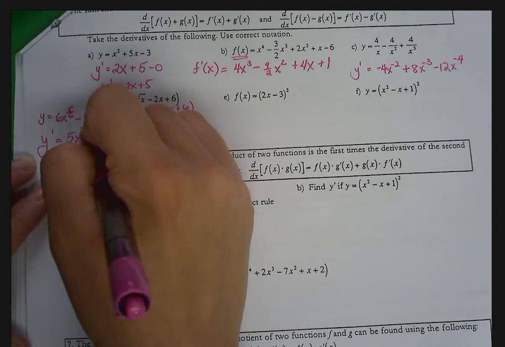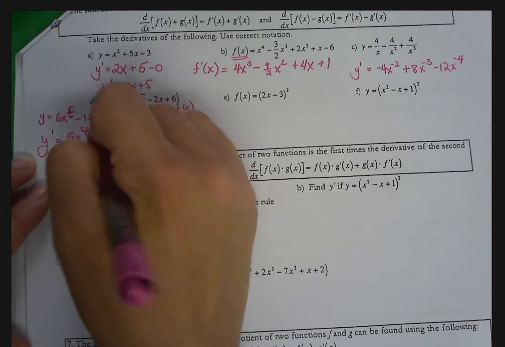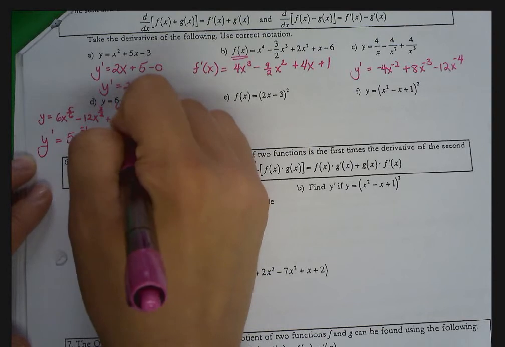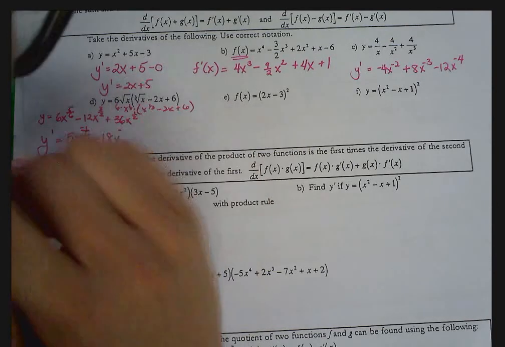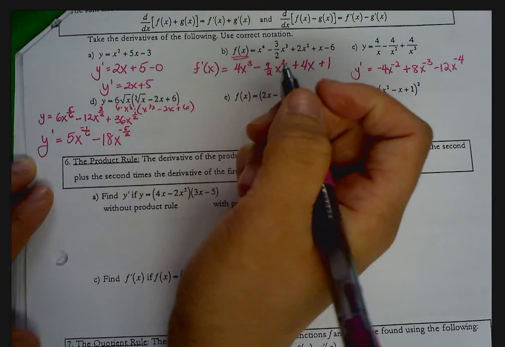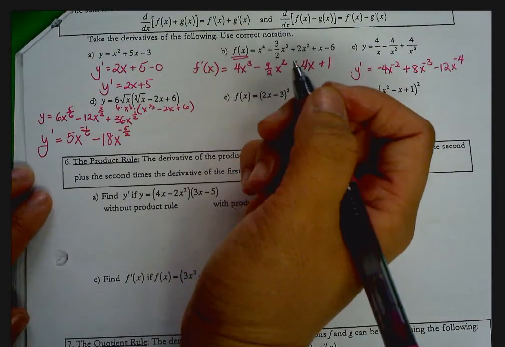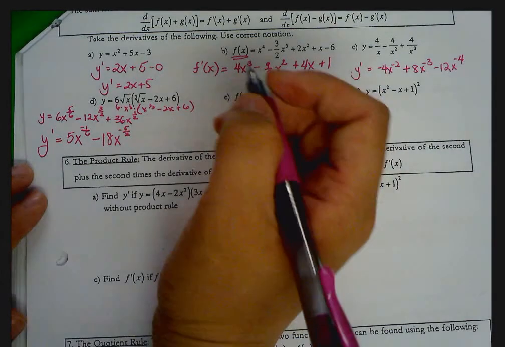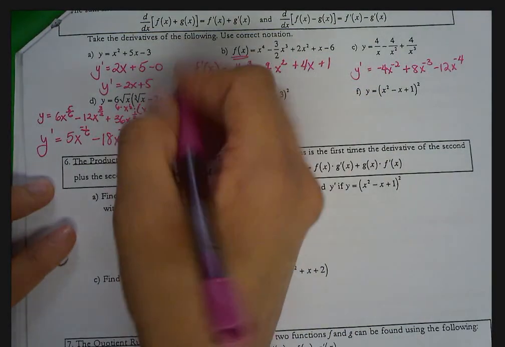So if you distribute the radical to another radical, you have to add the exponents, if it has the same base. So what's 1/2 plus 1/3? Oh, like that. 5/6.